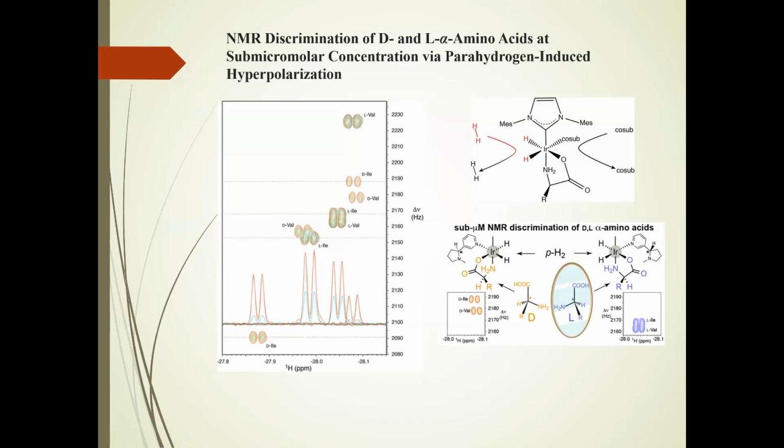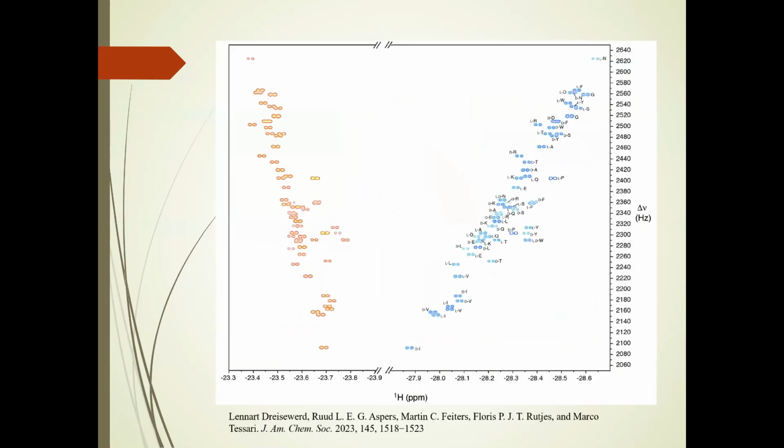So as you see, an iridium chiral selector was added to the solution, and by making different diastereomers and a parahydrogen-induced hyperpolarization in the instruments, different metabolites can be very nicely analyzed in 2D NMR.